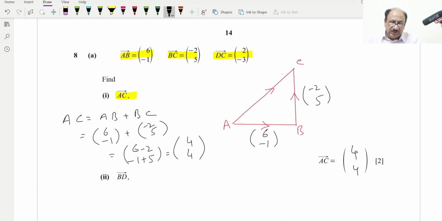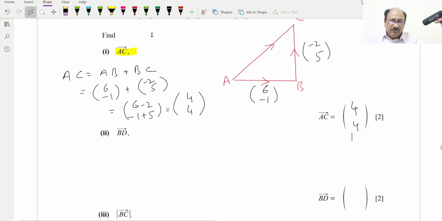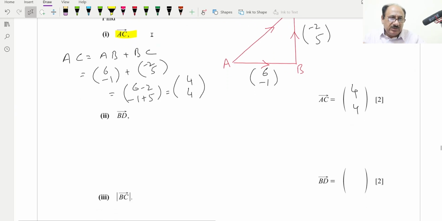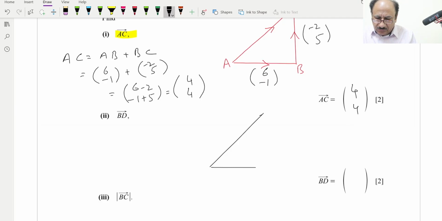Okay, now BD. BD again we can understand. BD is like this one, and we can draw this and this. So B is this, D is this, BD is this direction. So C can be taken as this.